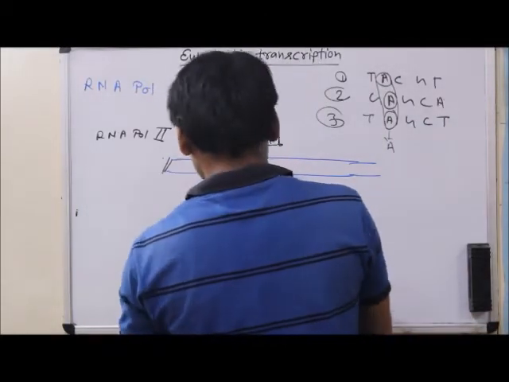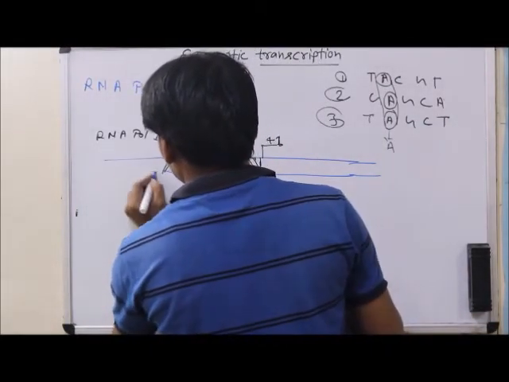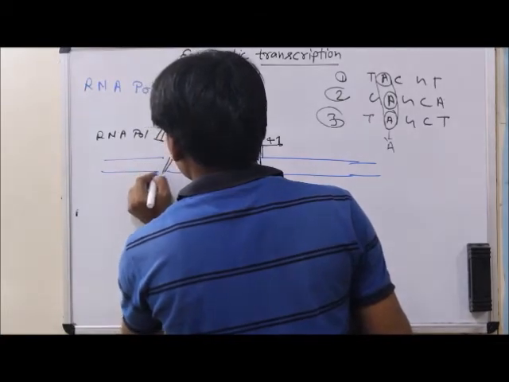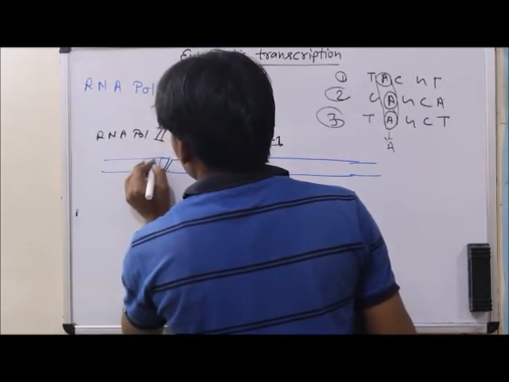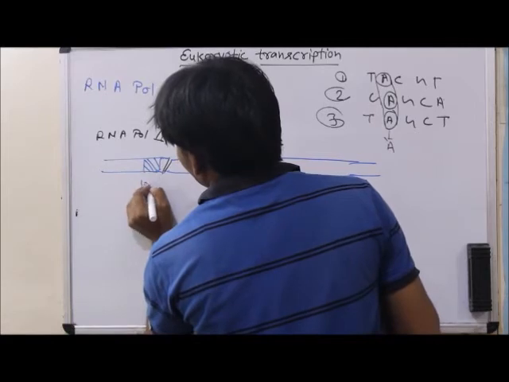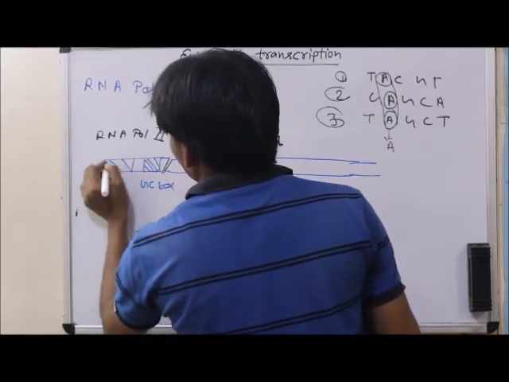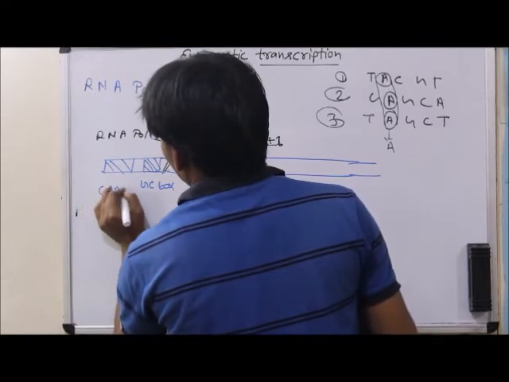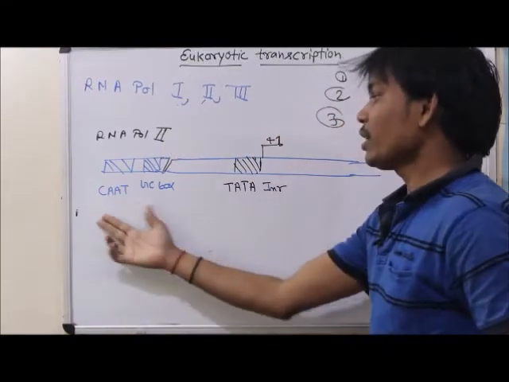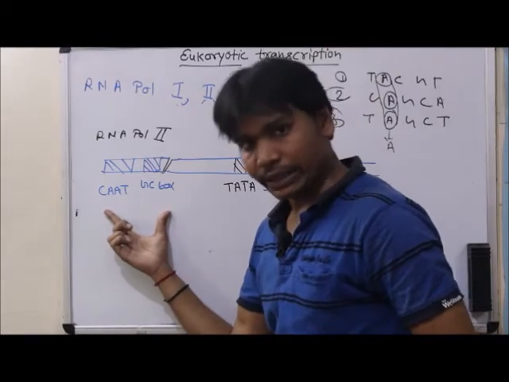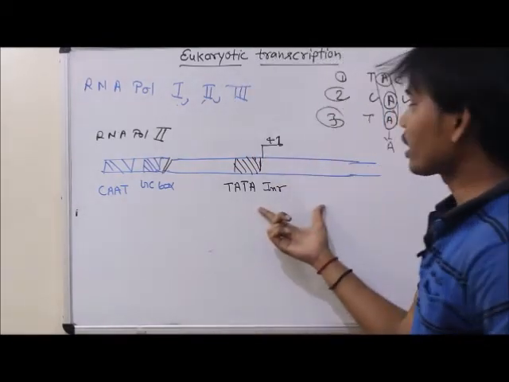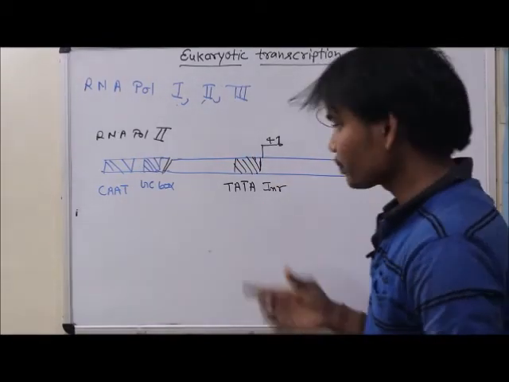The sequences found here are the GC box and CAAT box, which act as regulatory cis elements for RNA polymerase II.